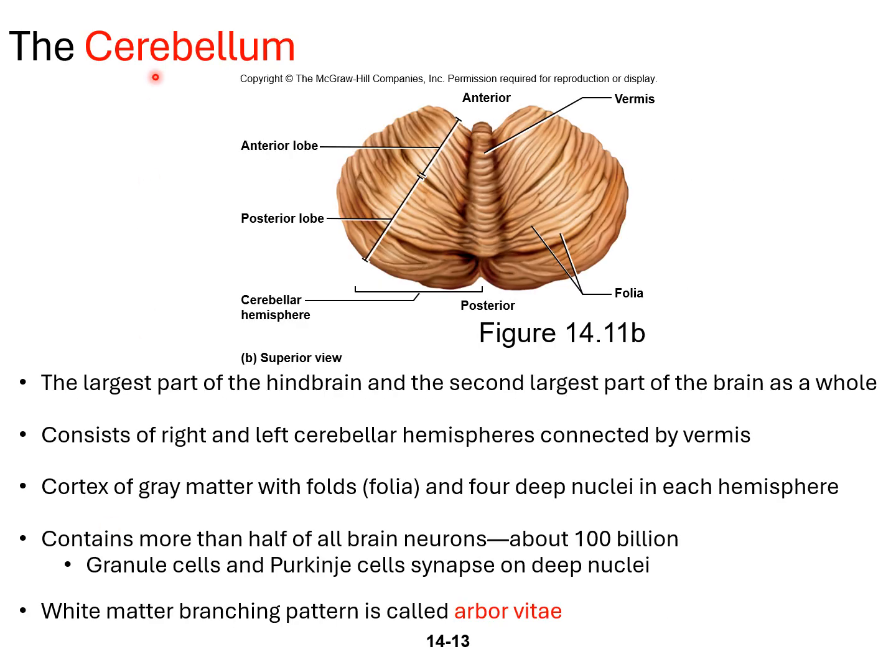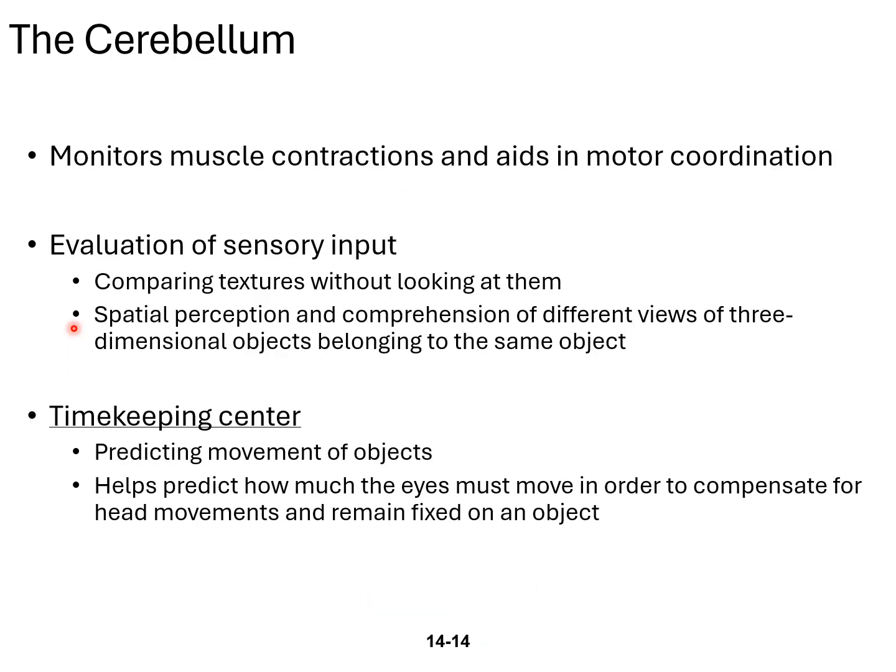The cerebellum is the largest part of the hindbrain and the second largest part of the brain as a whole. It consists of left and right cerebellar hemispheres. It has gray folds and deep nuclei in each hemisphere. It's going to have a white matter branching pattern called the arbor vitae that we talked about.